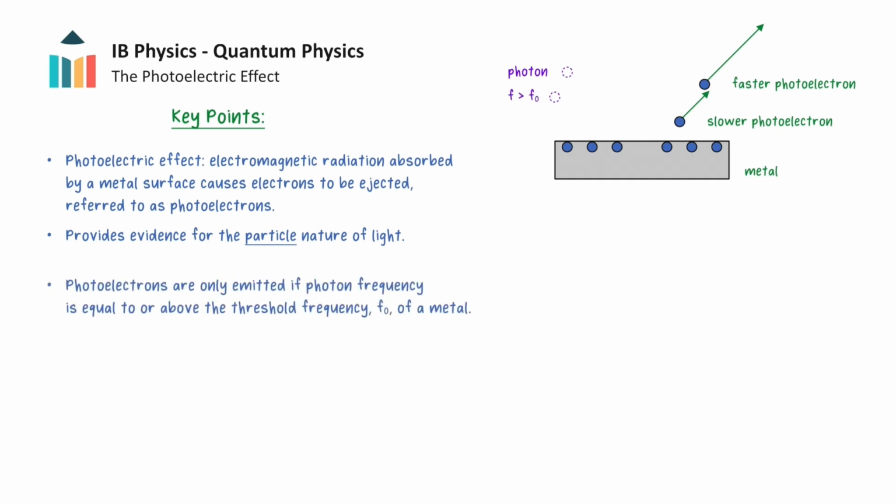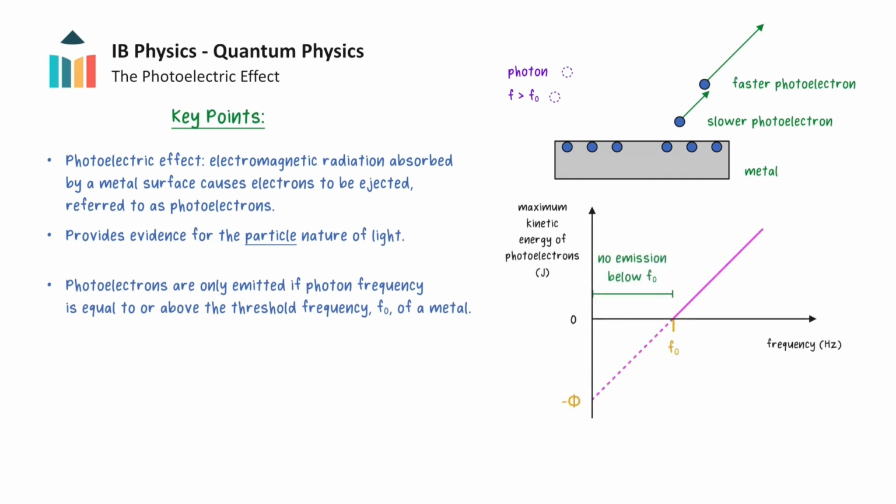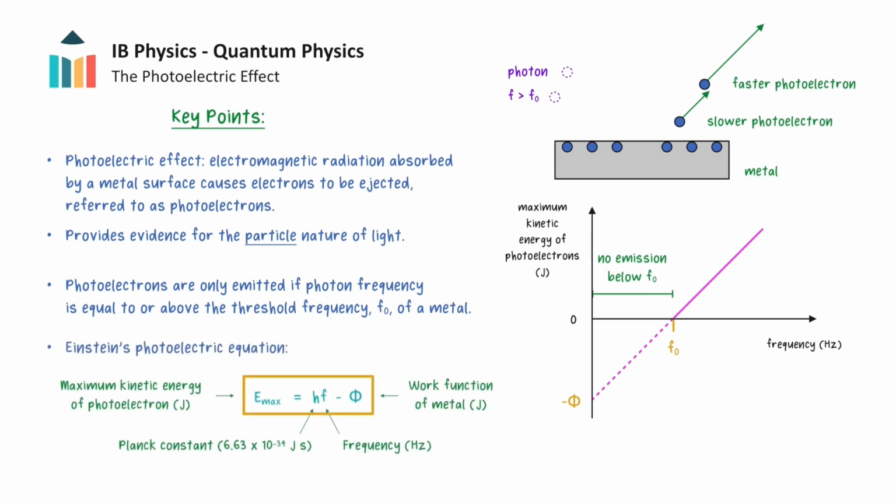Photoelectrons are emitted from a metal surface when incident photons have a frequency equal to or above a minimum value known as the threshold frequency, and this is unique to each metal. The maximum kinetic energy of these photoelectrons can be calculated using Einstein's photoelectric equation, where phi is the work function of the metal. Finally, maximum kinetic energy can also be calculated from the stopping voltage as follows.